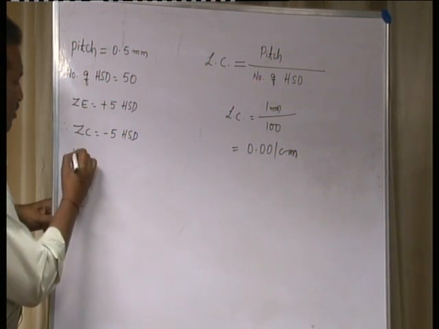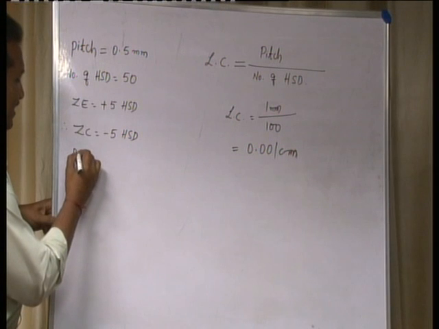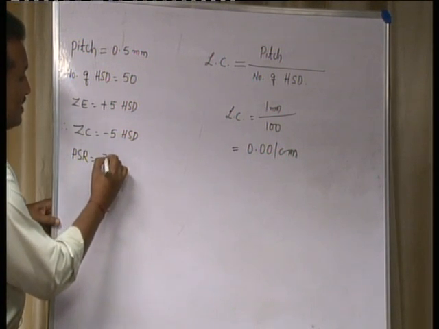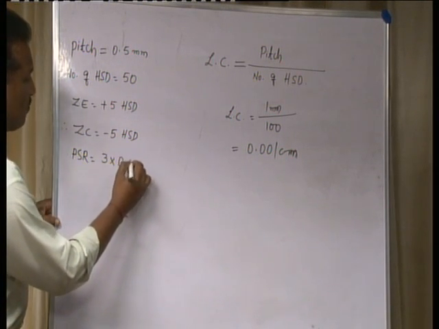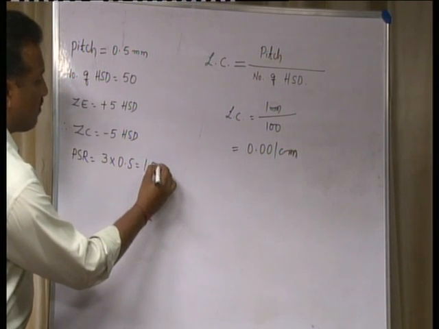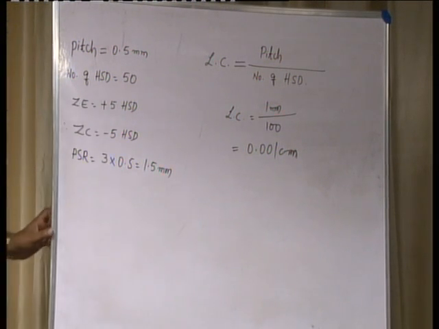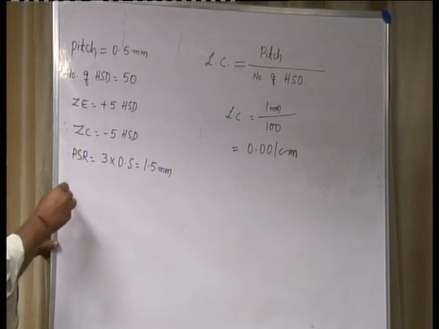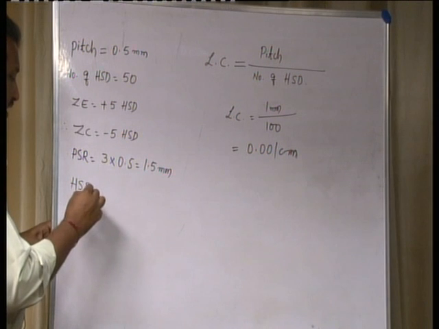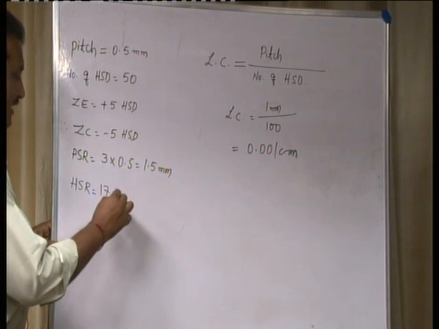So, therefore, you can say PSR is equal to 3 into 0.5 means it is 1.5 mm. Then 17 divisions on the head scale, I mean head scale reading is 17 HSD.